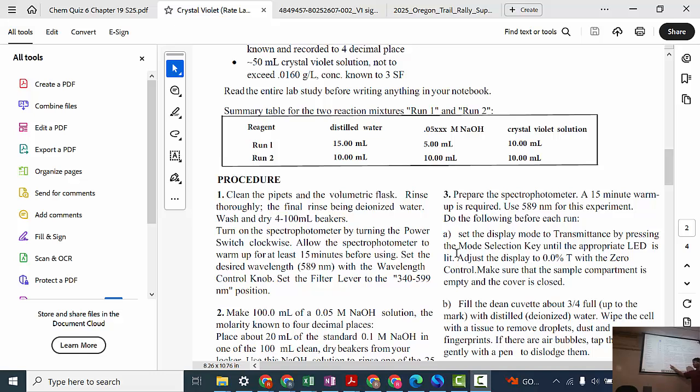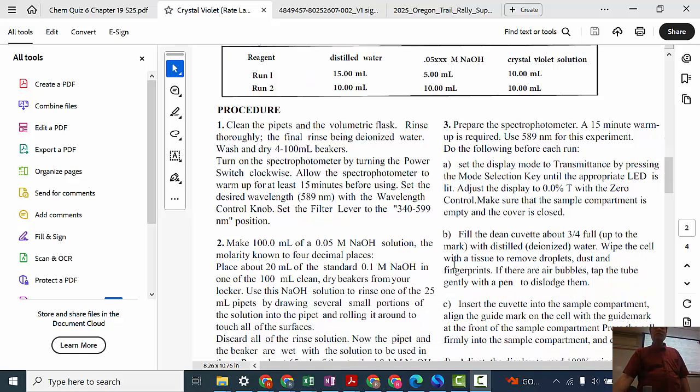It's actually 100.00 milliliters. And our pipettes are good to 4 sig figs. It says 25 milliliter pipettes, but these have been calibrated to 25.00, not 25. So that's 4 sig figs. So we should be able to get 4 sig figs in our diluted solution here. So I'll talk about setting this up after.